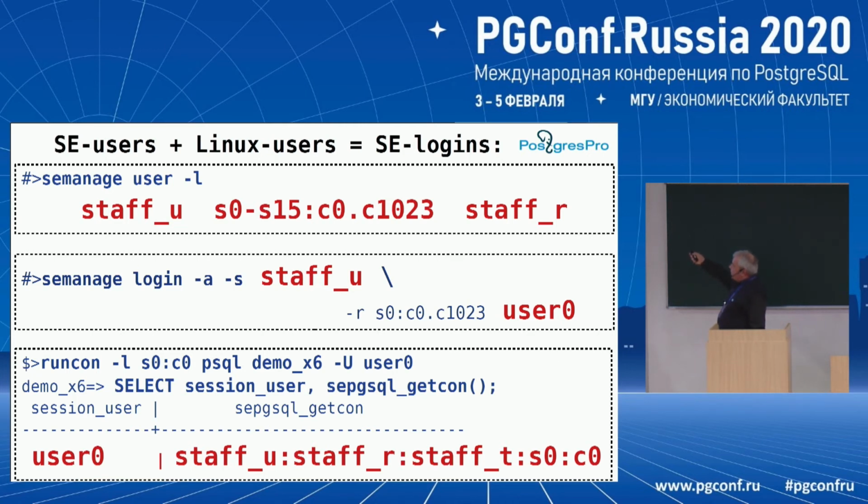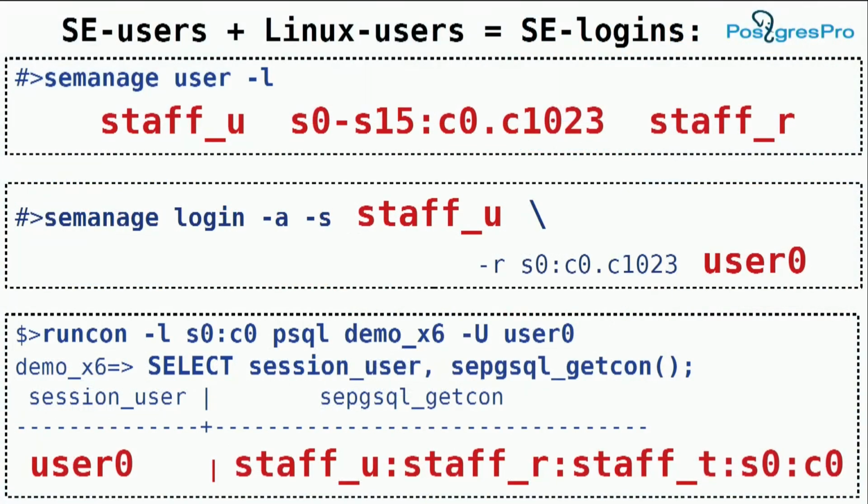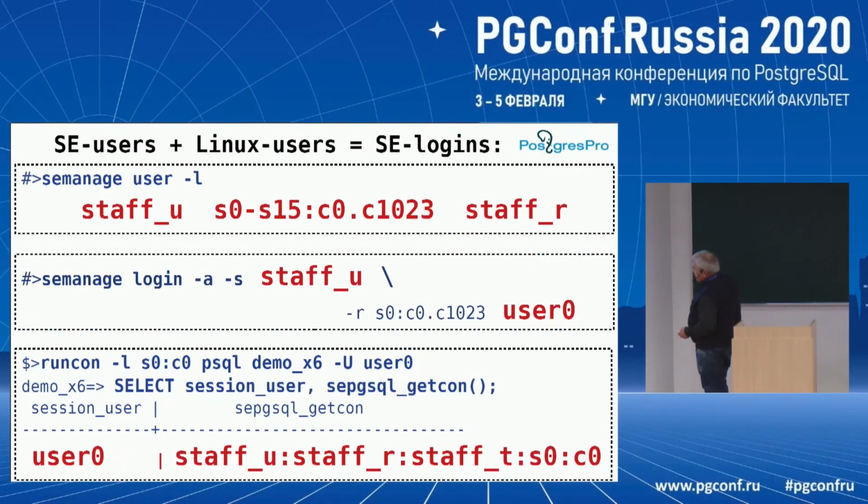Linux user equals the database role, and the selected SELinux user with a certain security status brings us to this SE logins. So each user gets its context. That's where it comes from.